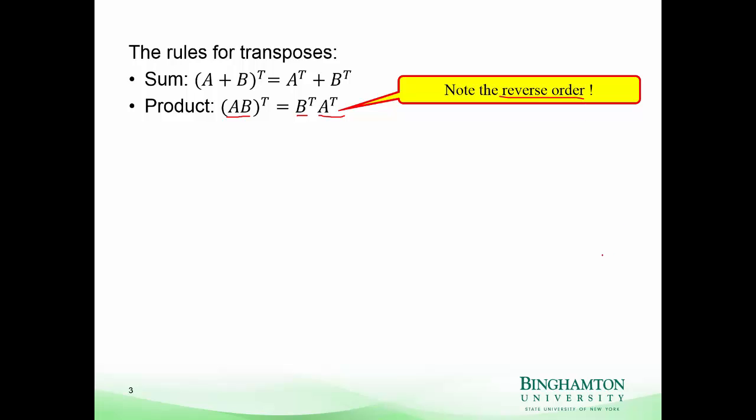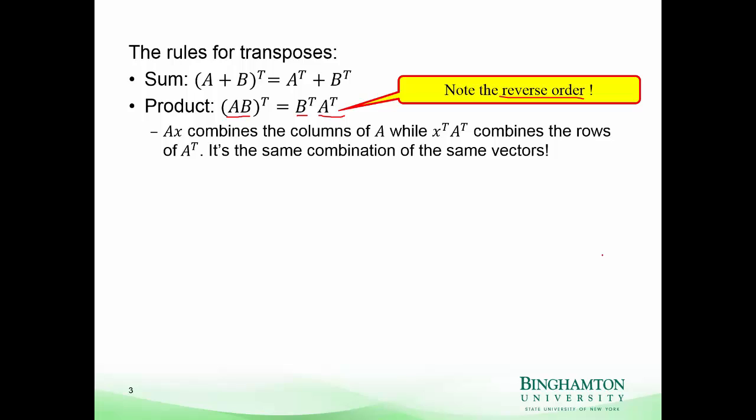It's a little harder to see why that is the case for transposes than it is for inverses. Remember, for inverses we had the idea of socks on, shoes on, shoes off, socks off. But it's a little harder to see that here, but it does have to work that way. So here's the way that we can see why that happens. Remember that A times x folds over and combines the columns of A. Well, let's look at what if we took the transpose of the whole thing.